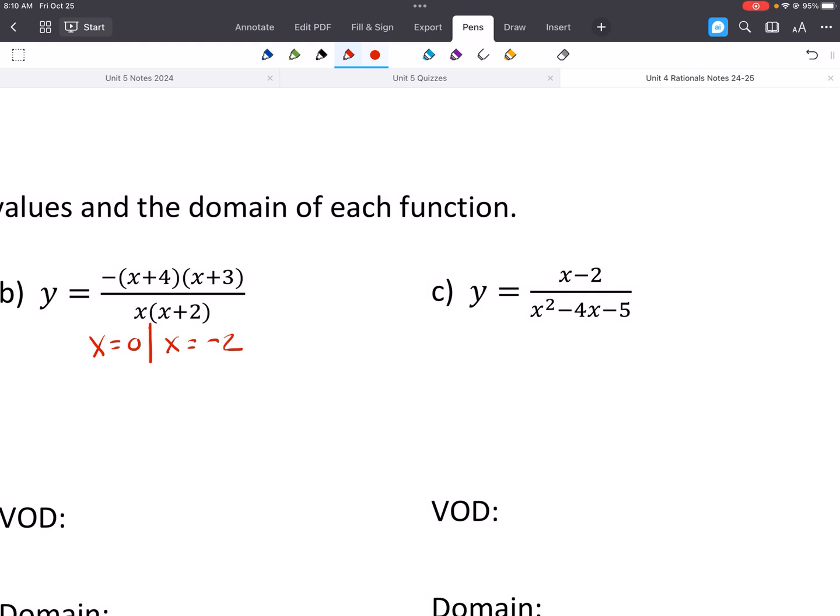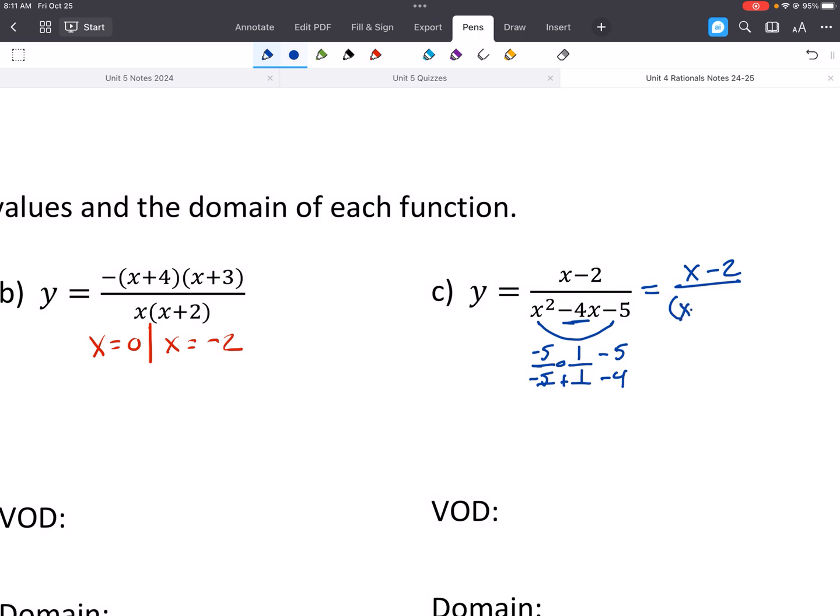And if we're trying to find the vertical asymptotes, we would need to factor the denominator. So we have x minus 2 for the top, and for the bottom, what multiplies to -5 and adds to -4? Maybe I'll write this over here. So multiplies to -5 and adds to -4 should be -5 and 1.